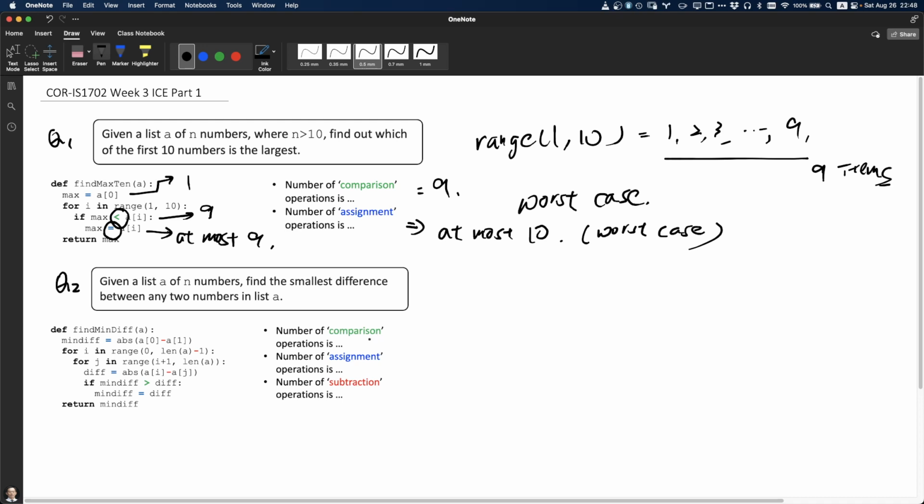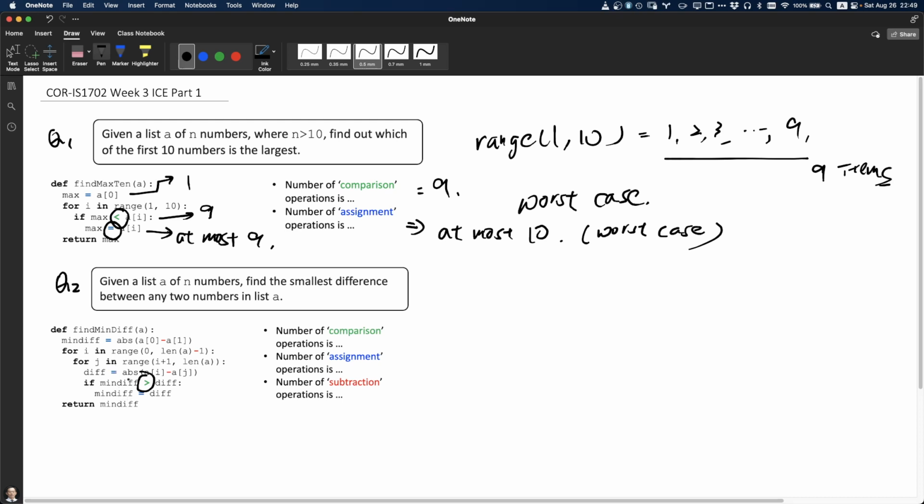Again, the operations are labeled in different colors. We start with the green color here. If you look at the comparison operation, it gets executed every time you enter for a particular i value and a particular j value; you will execute one comparison operation. So in other words, the number of comparison operations should equal the number of times that you execute these 2 layers of for loop.